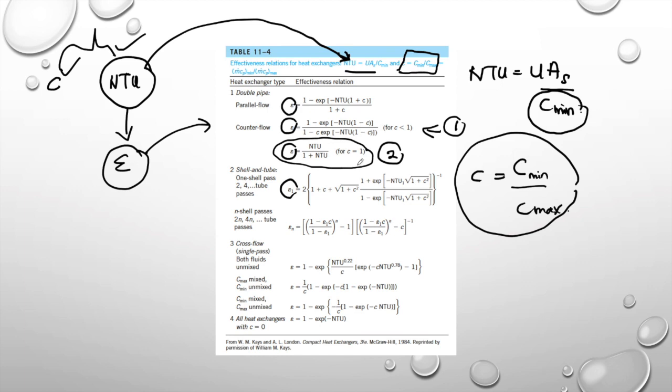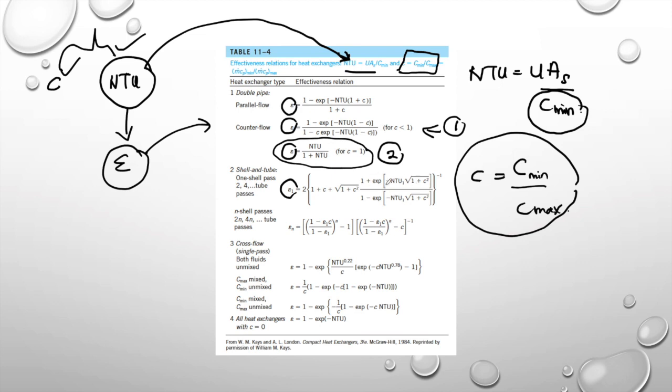Okay, now we go to the second type of heat exchanger, shell and tube. We have one shell pass, 2, 4 tube passes. So it represents epsilon 1, effectiveness 1. So if you have one shell pass, 2, 4 tube passes in your question, therefore you directly use this equation.